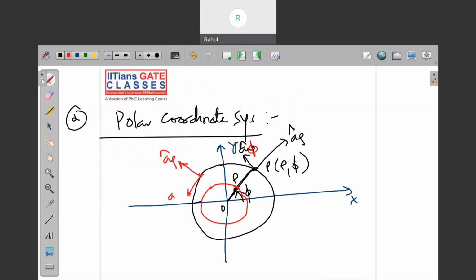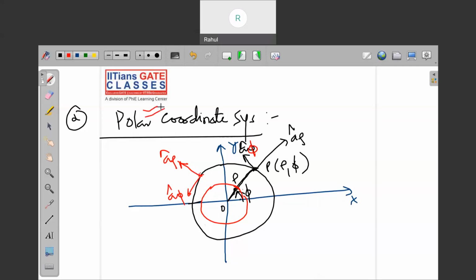If you take a point on this circle at different places, the direction is going to change, right? So there is a restriction on the polar coordinate system.